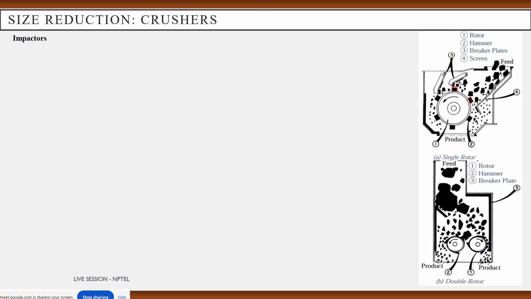This is the example for a single rotor, but when you use a double rotor system for the same impact crusher, the other mechanisms or arrangements are the same. Only instead of one rotor there are two rotors, which rotate in opposite directions.